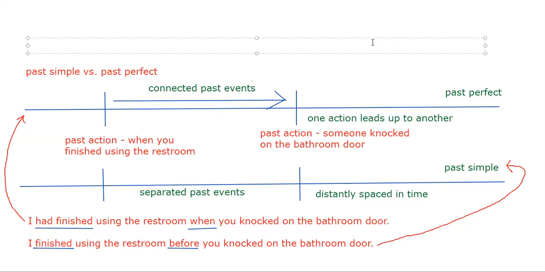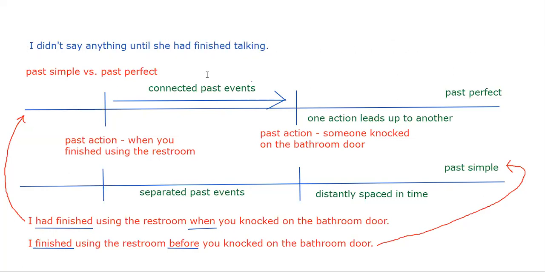But to go back to what you said, I didn't say anything until she had finished talking. I don't like this sentence, really. To me, these should be swapped. The I didn't say, the didn't say, and the aspect, I mean.